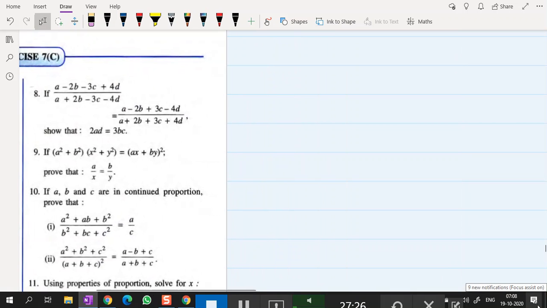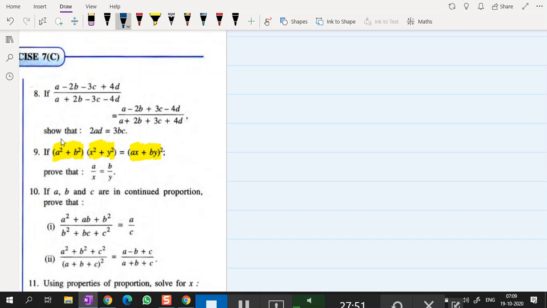If a square plus b square multiplied by x square plus y square is equal to ax plus by the whole square, prove that a by x is equal to b by y. Very nice question. So, if you see this as a single term, you will get an idea of what they are talking about.